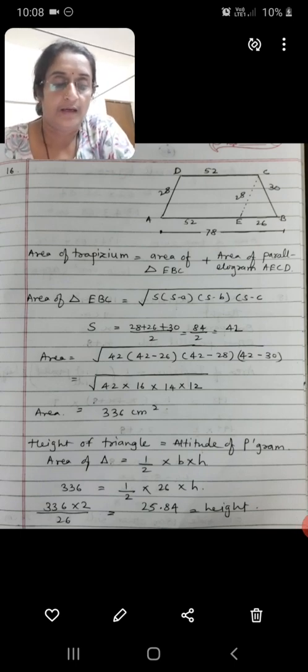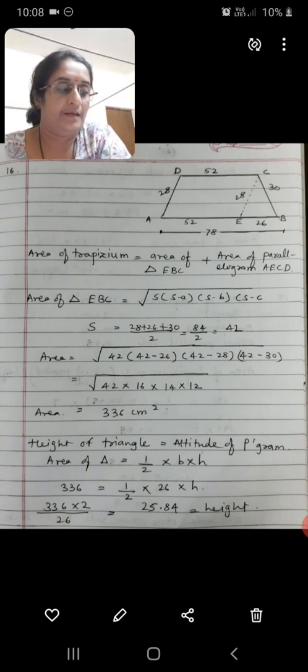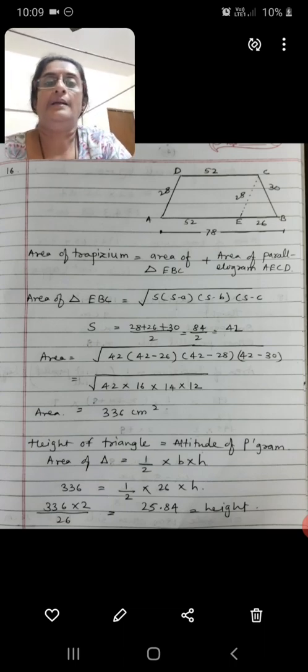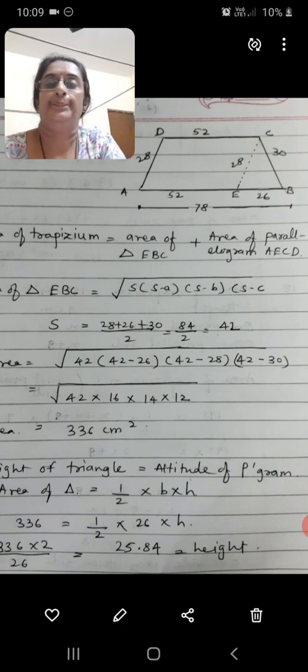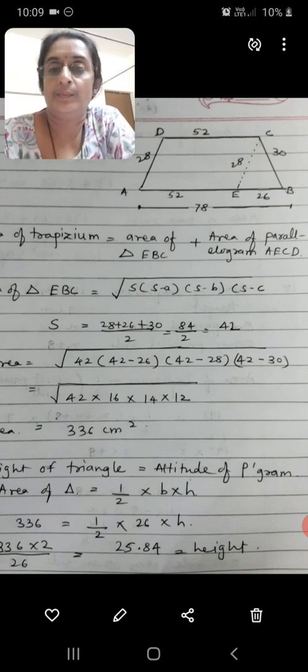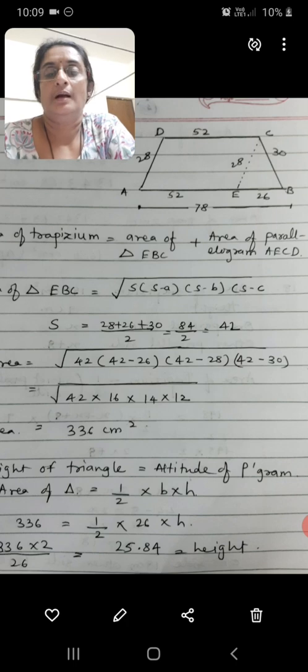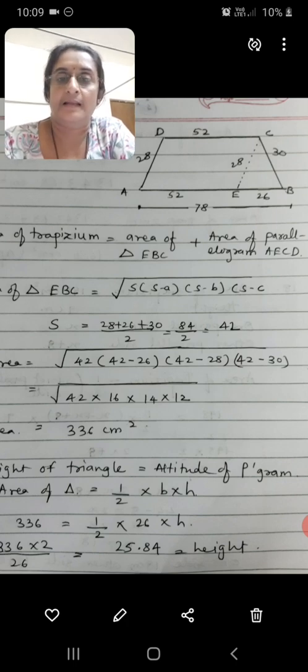There also ABCD is a trapezium, and AB is given 78, DC is given 52, AD is given 28 and BC is given 30. Now you know the formula to find the area of a trapezium, half into the sum of the parallel sides into the height.